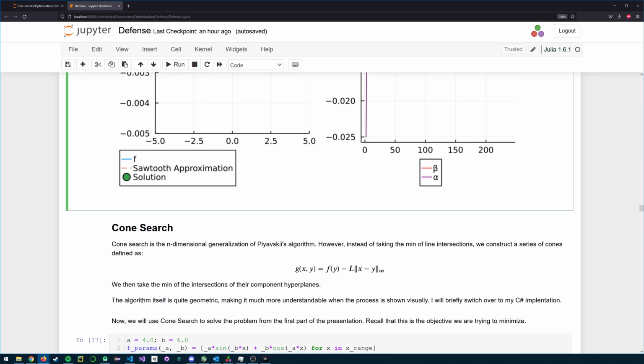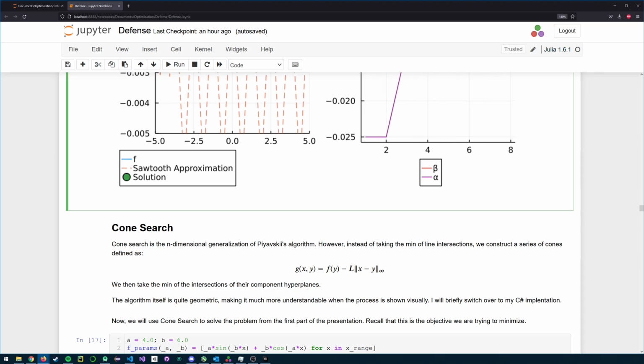So this is called cone search. Like I said, it's the n-dimensional generalization of Piyavskii's algorithm. However, instead of taking the min of intersections of lines, we rather construct a series of cones. I'll go into some more visual details on what this exactly looks like, but for now we define a cone as this right here.